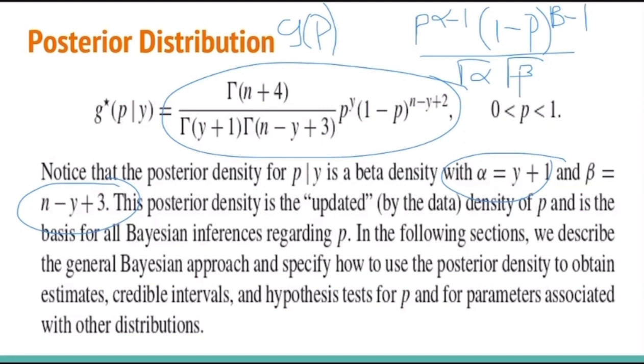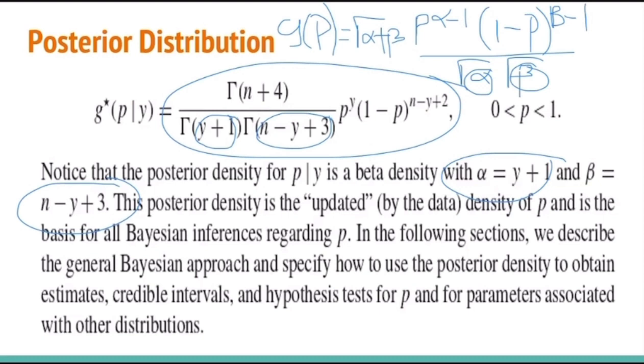So here I'm going to have gamma alpha plus beta, after expressing that in terms of the non-integral definition of a beta function. Now, if you want to compare, you're going to see that this guy here is alpha, and this guy here is our beta. Can you see that?